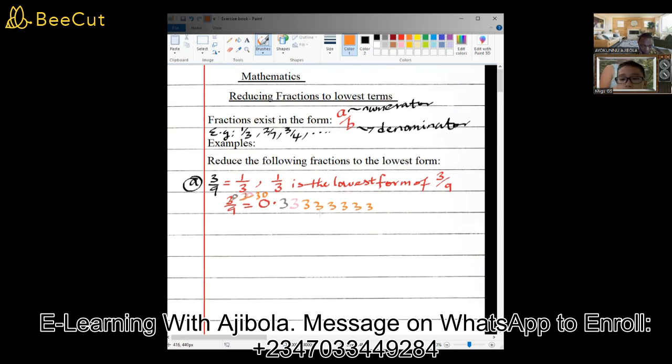That is for 3/9. But we want to check if it's equal to 1/3, so let's try to divide 1/3. How many 3 is in 1? That is not possible.